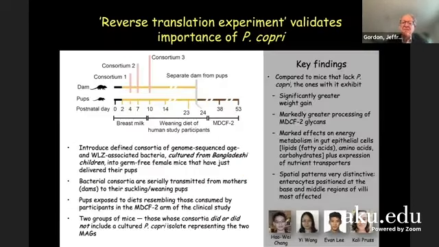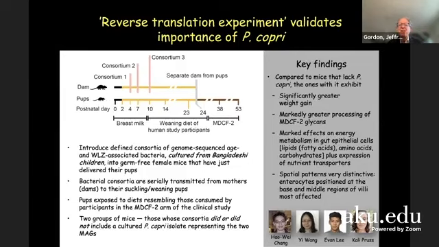We then said to ourselves, okay, we have an idea of what the bioactive components of MDCF2 are. We have a better idea of the therapeutic targets of MDCF2. Could we gain better information, more direct information about whether these particular strains of P. copri were key drivers of growth response? And for that, we did reverse translation experiments.